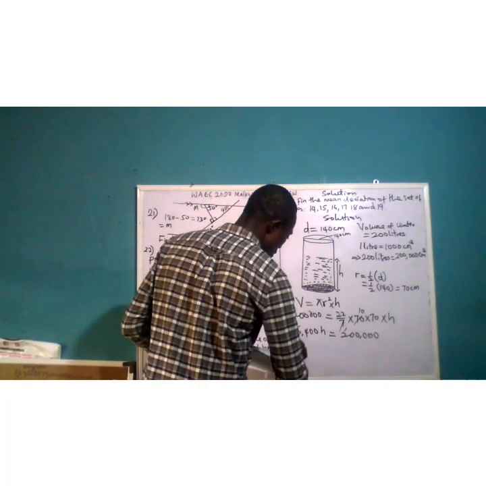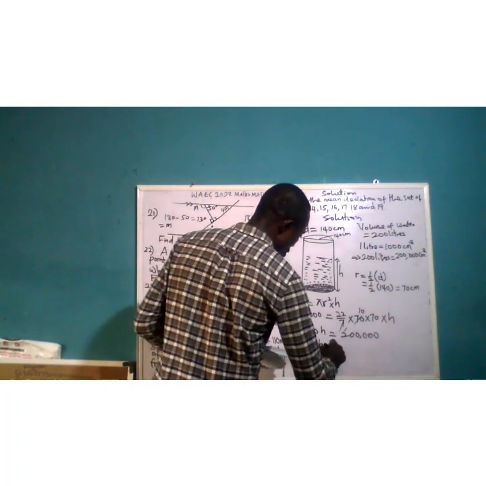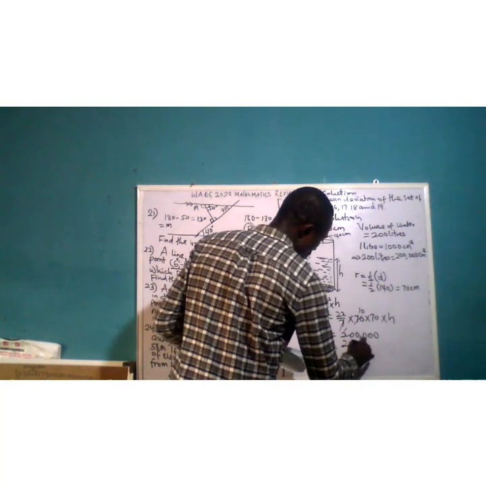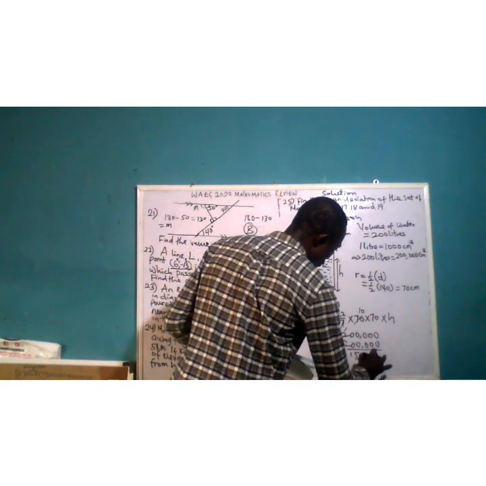So if you divide both sides by 15,400, we have h to be equal to 200,000 all over 15,400.